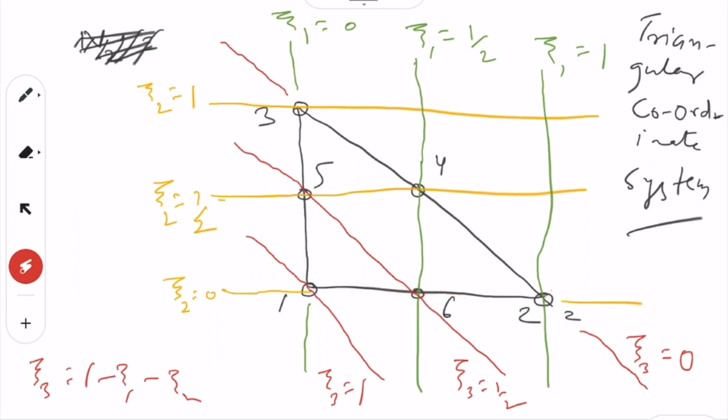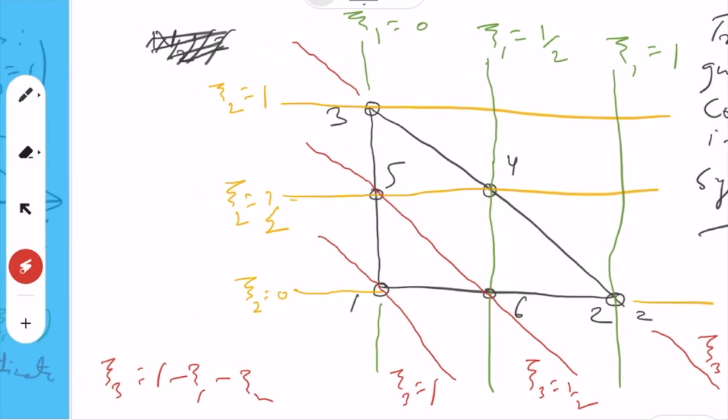So if you put xi 1 equal to 1, you get 1 multiplied by half minus 1. So you get minus half, so minus 1 over 2, minus 2 basically.